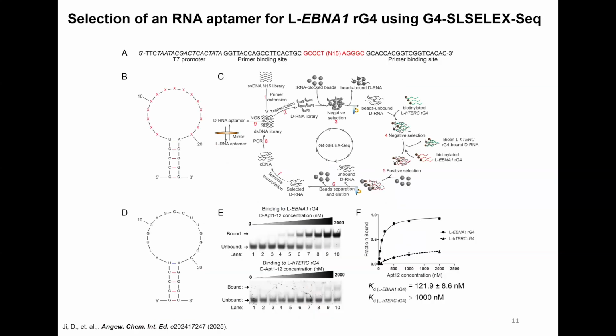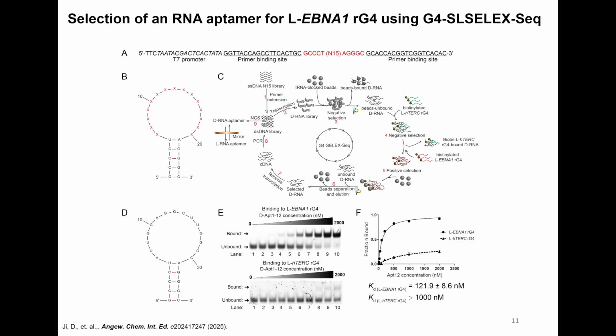To get into the detail a little bit on what we do with this platform, this is the template and the library that we have. As mentioned, we can have a pre-structured library, and then we just randomize this region and go through the SELEX cycle. There are a few additions to this platform too.